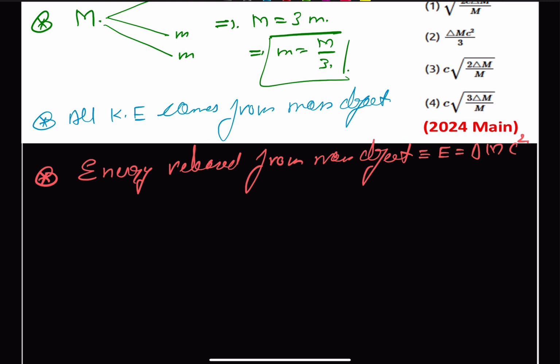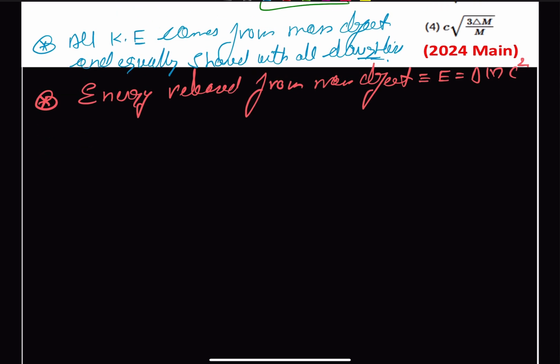Because all kinetic energy comes from the mass defect and is equally shared with all daughters, the kinetic energy per nucleus will be equal to 1 by 3 delta m c square.